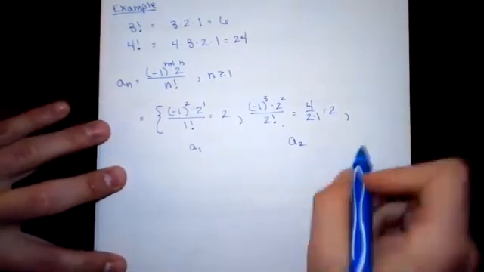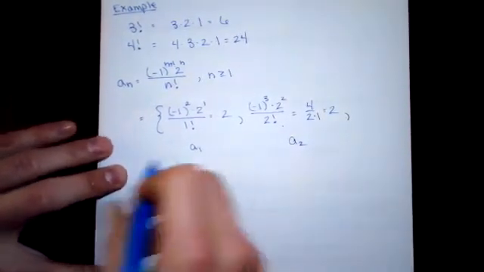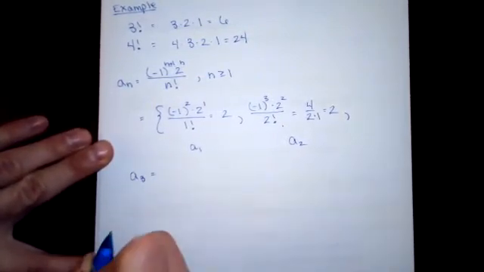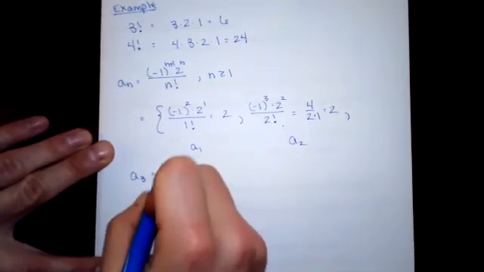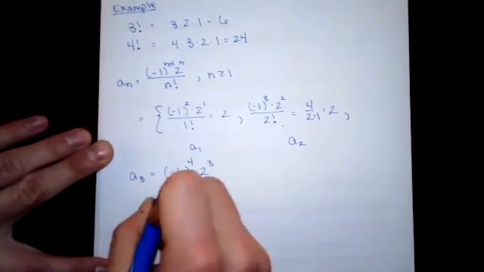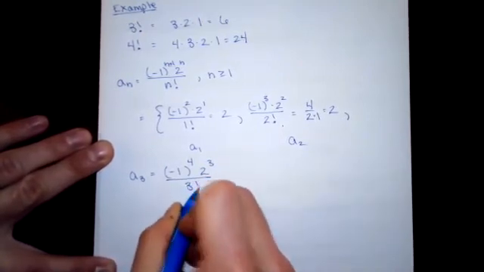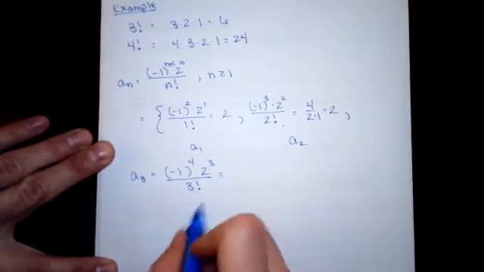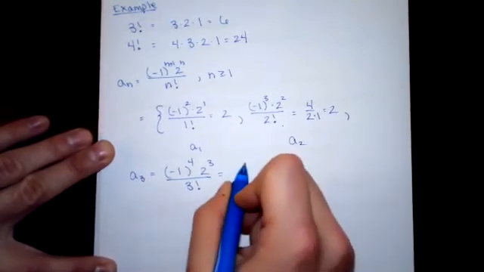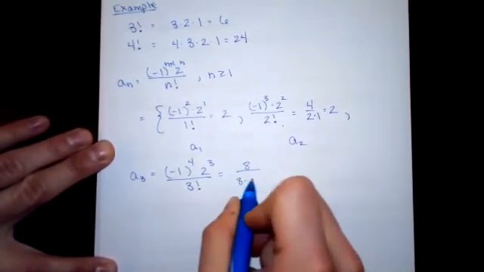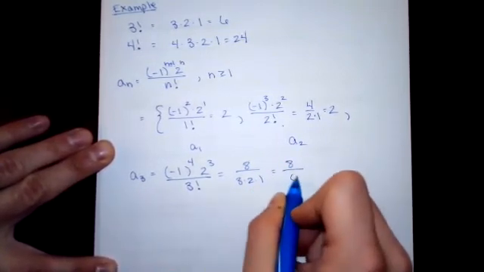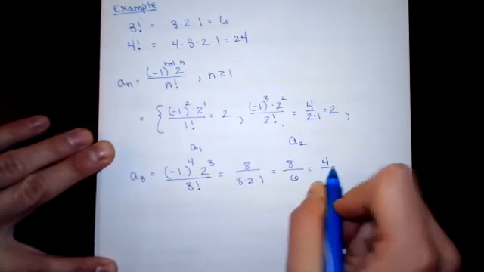Let's list out a few more. We don't have space there, so let me just write it out as a list. Let's say a_3 is going to be equal to negative 1 to the 3 plus 1, which is 4, times 2 cubed over 3 factorial. That's positive. 2 cubed is 8, and 3 factorial is 3 times 2 times 1, so we will have 8 divided by 6, or 4/3.